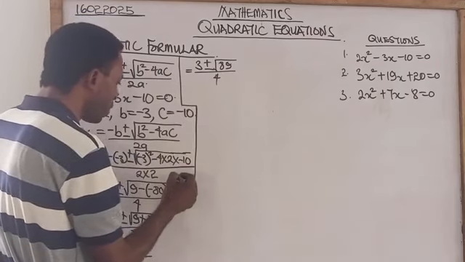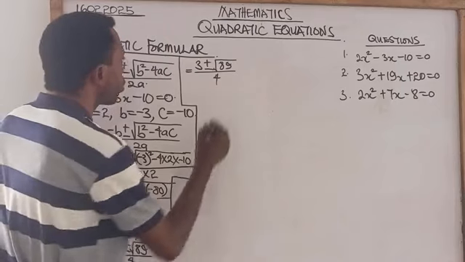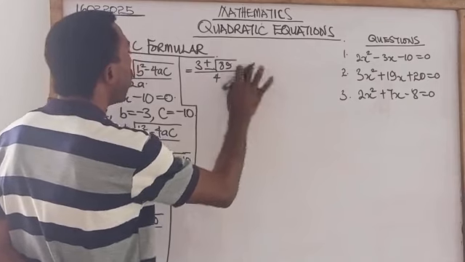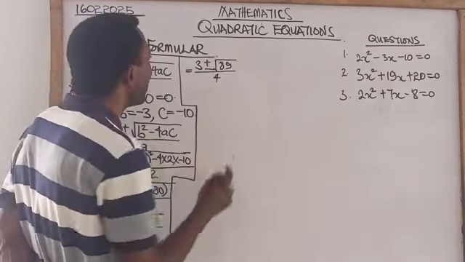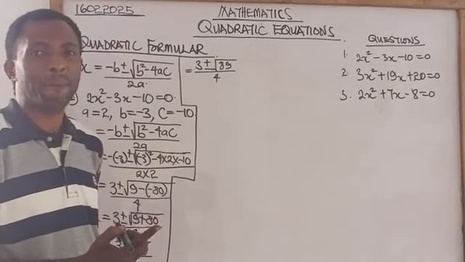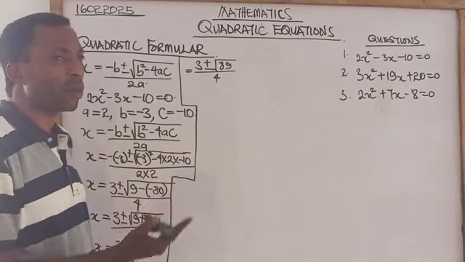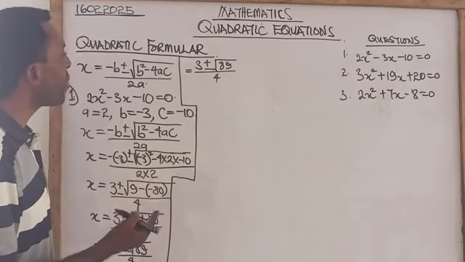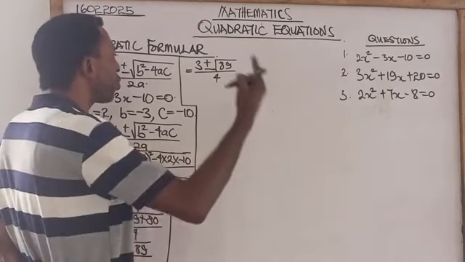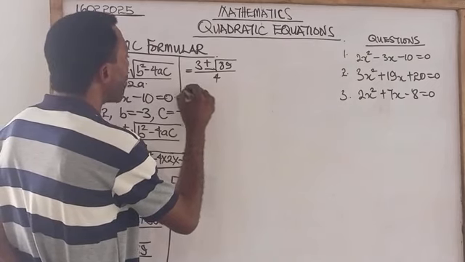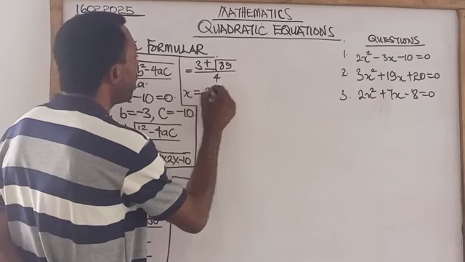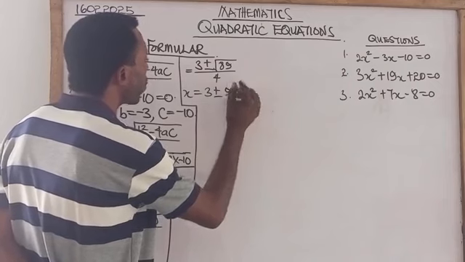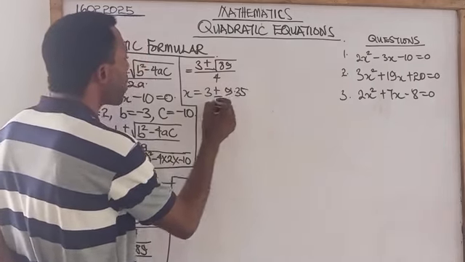So the square root of 89 will give us 9.3 something, let's say 9.35.